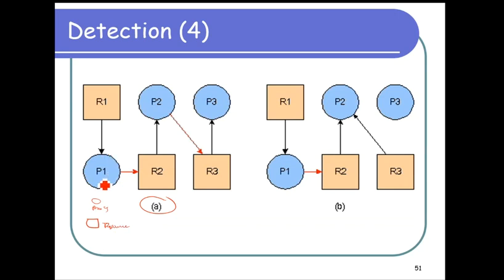You have P and R: P is process, R is resource. So R1 is serving P1, R2 is serving P2, and R3 is serving P3. At the same time, P1 wants to access R2, but R2 is serving P2, so it is blocked. P2 tries to access R3, but R3 is currently serving P3, so this is also blocked.